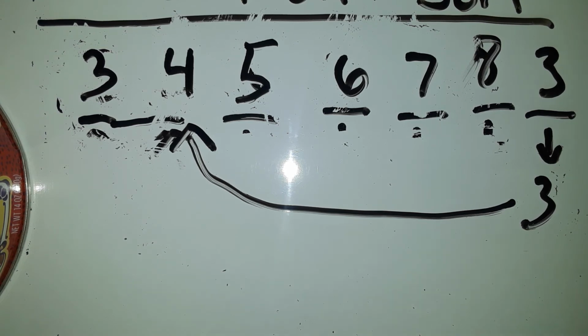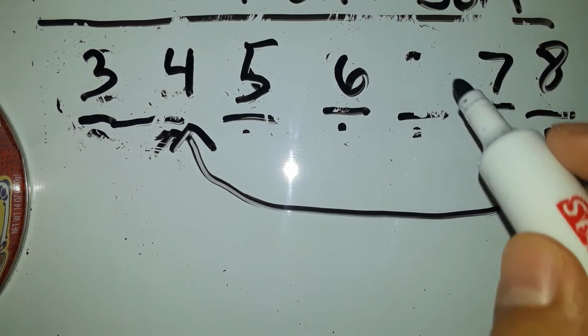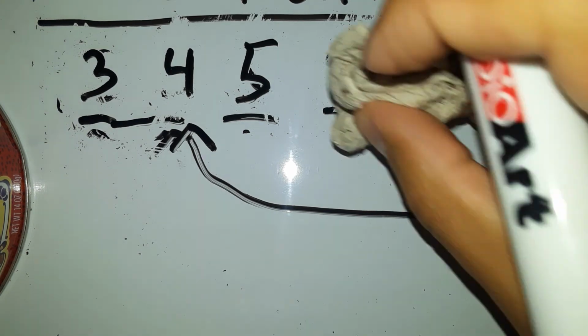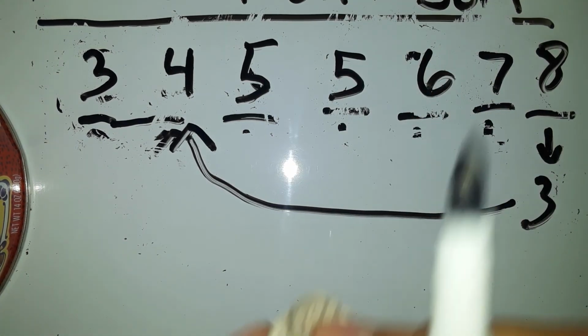Okay? And so what's going to happen is we're going to move everything over again. So 8 is going to come here. 7 is going to be shifted to the right. 6 is going to be shifted to the right. 5 is going to be shifted to the right. 4 is going to be shifted to the right.